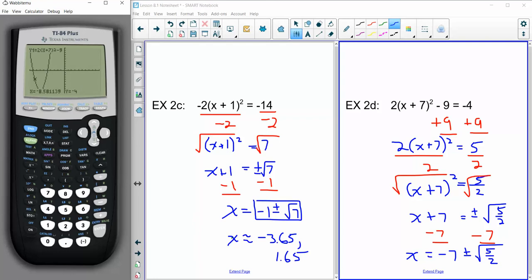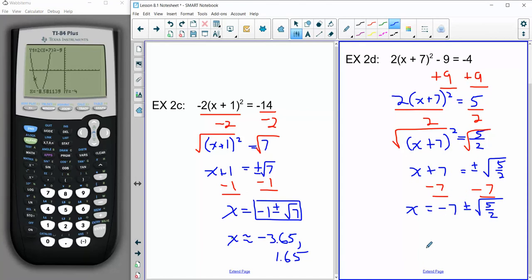That is negative 8.58-ish, which does give us exactly negative 4. All right, so x is about negative 8.58. Let's do the other answer, which is negative 7 plus the square root of 5 over 2. Yep, that gives me negative 4, which is about negative 5.42.